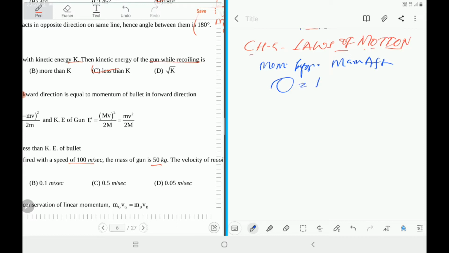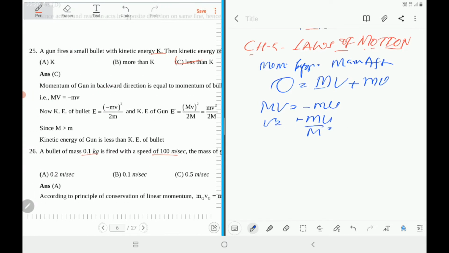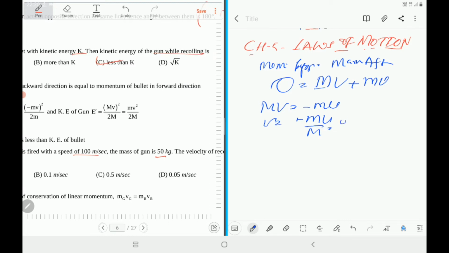After firing, mass of gun M, its velocity V, plus mass of bullet m, its velocity v. He wants you to find the velocity of the gun. That's why minus mv. So V equals minus small m v divided by capital M. It's very simple. 0.1 into 100, divided by 50. So 1 0 cancels, 1 by 5, which is 0.2 meter per second.